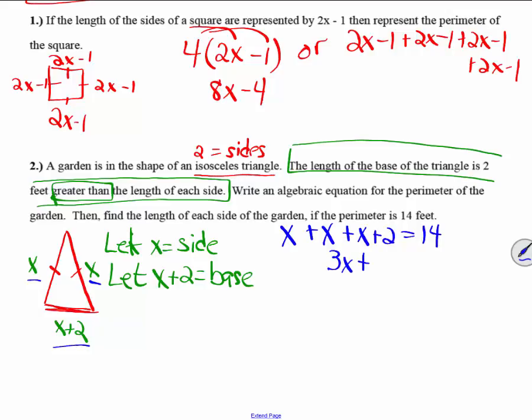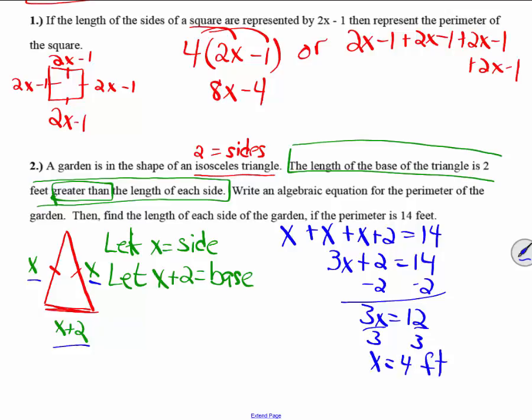Combine your like terms: 3x plus 2 equals 14, subtract 2, 3x equals 12, divide by 3, so x is 4 feet. Oops, I didn't mean to cross it out, I meant to underline it. This time we have a unit of measurement, and we have to include that.